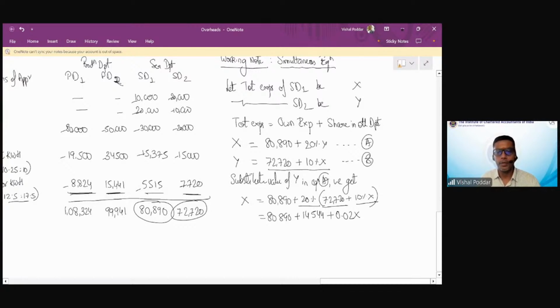Now this will come on the left hand side, so it will be 0.98x is equal to 95,434. Is this right?